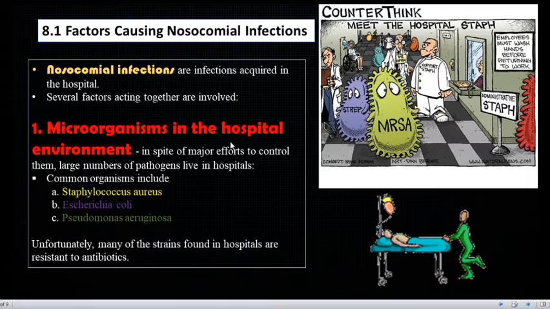So, pagpasok mo ng hospital, wala ka pang infection na ganito. And then after a few weeks inside or months after being admitted inside the hospital, bigla kang nagkaroon ng another infection. So that is a nosocomial infection.